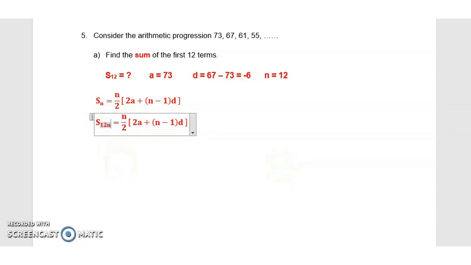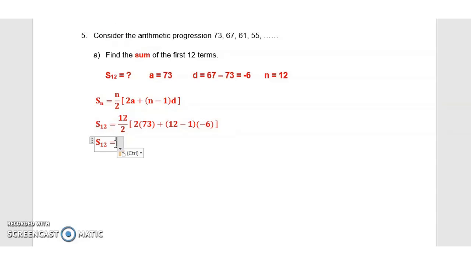So here n equal to 12, a, the first term, equal to 73, and n minus 1, 12 minus 1, multiplied by the common difference d equal to negative 6. Simplify this one: 12 over 2 is 6, multiplied by 2 times 73 equal to 146 plus 12 minus 1, 11.